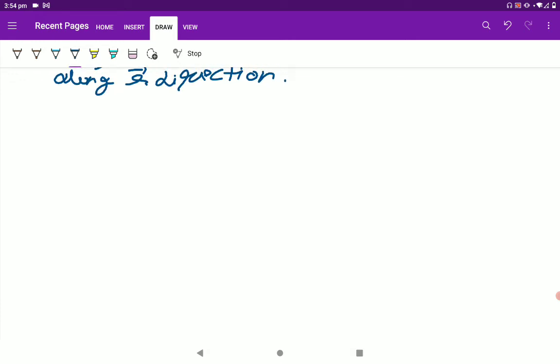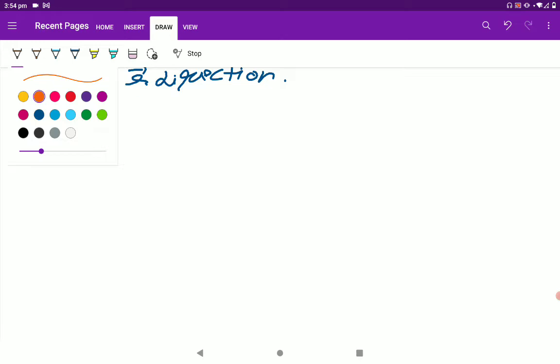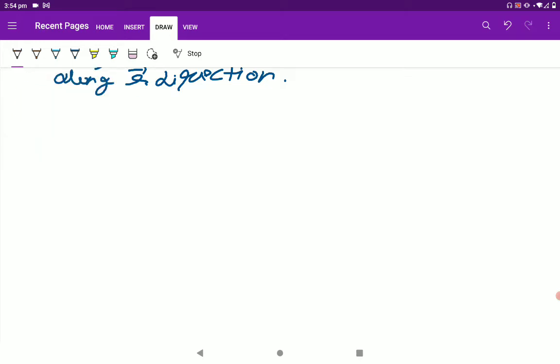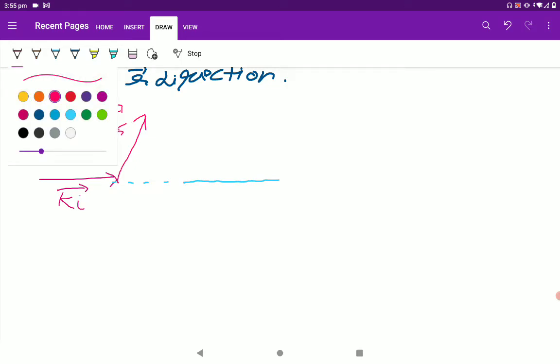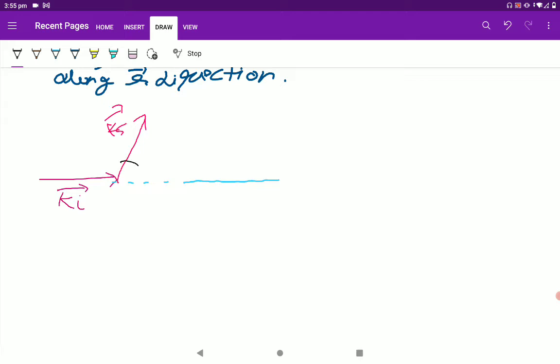By construction we can observe that, suppose this is the arriving incident wave vector, and this is the scattered wave vector ks, and we extend this here. So this is basically the scattering angle phi.